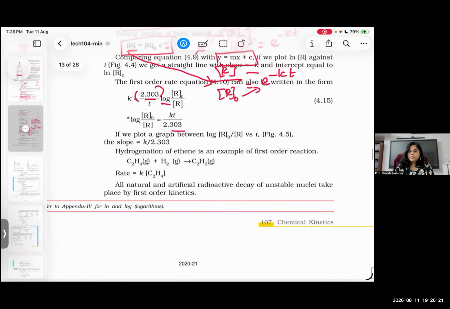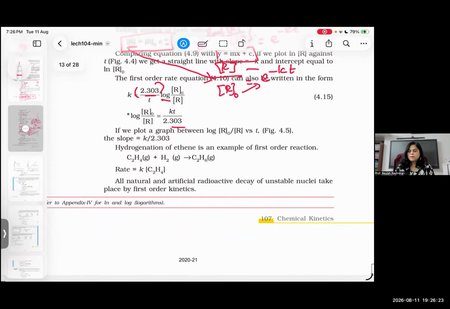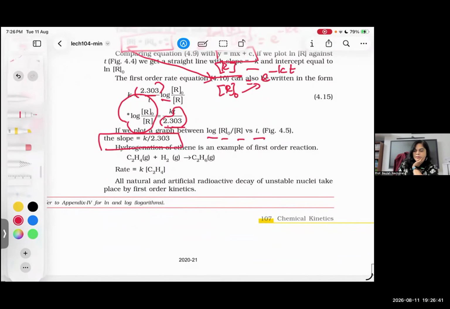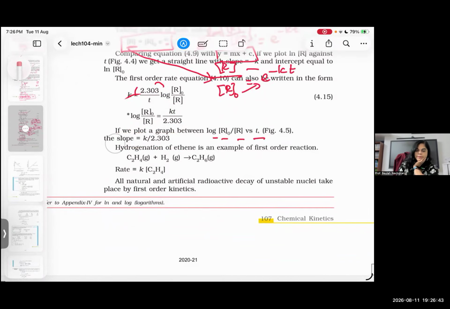If we plot a graph between log of R naught by R versus t, then the slope will be like this. So this is like a y, and y is equal to mx.